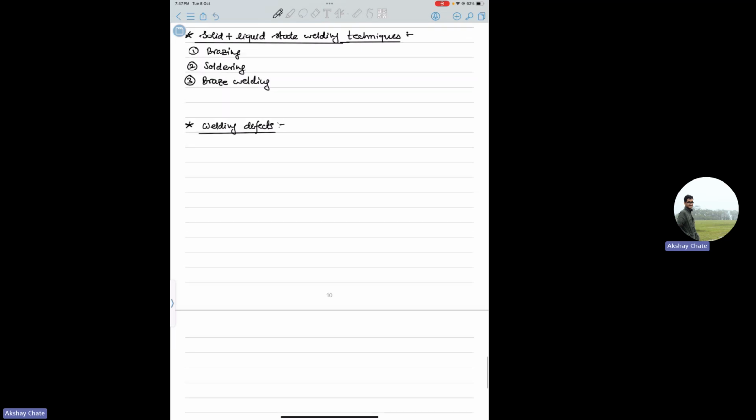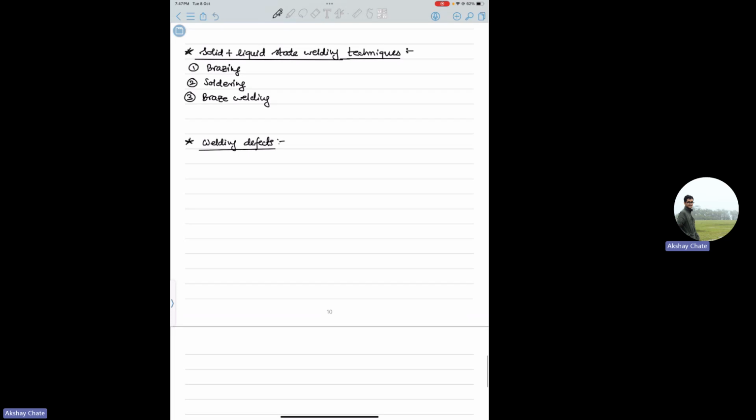Then those six types of distortions or shrinkages. Then why do we do preheating? Yeah, I think all of the above. That's a tricky one.